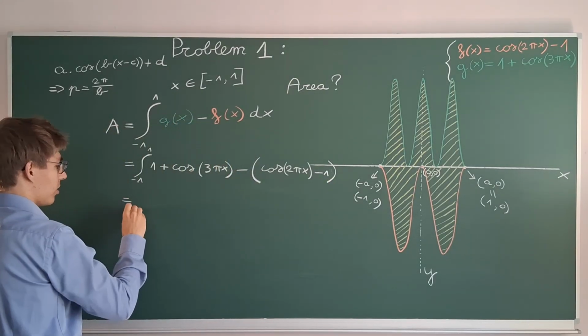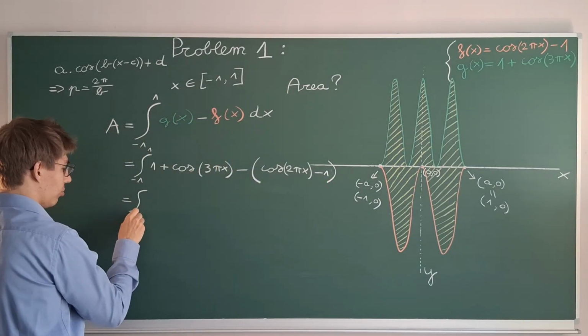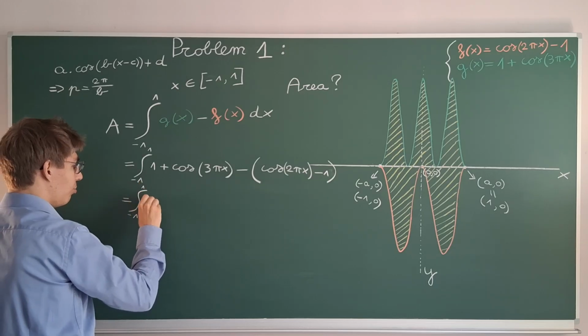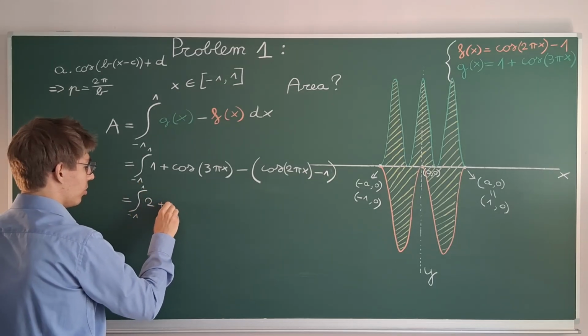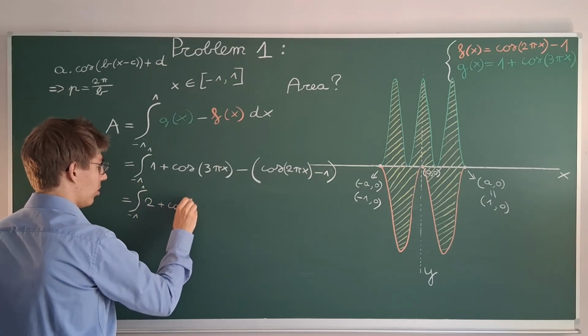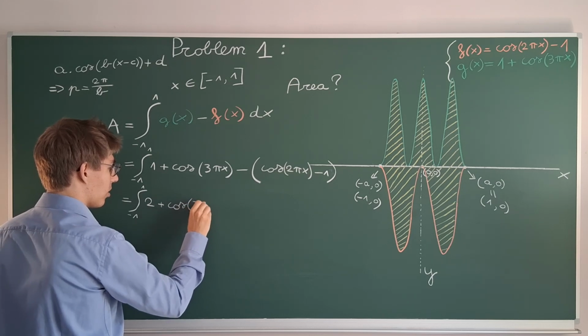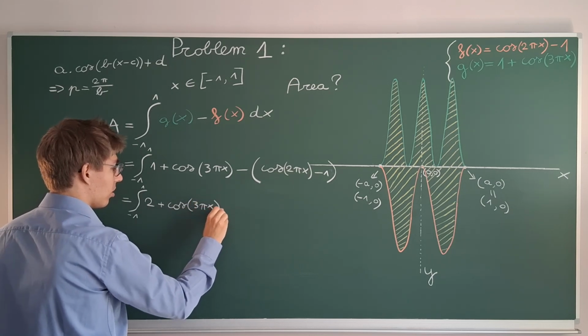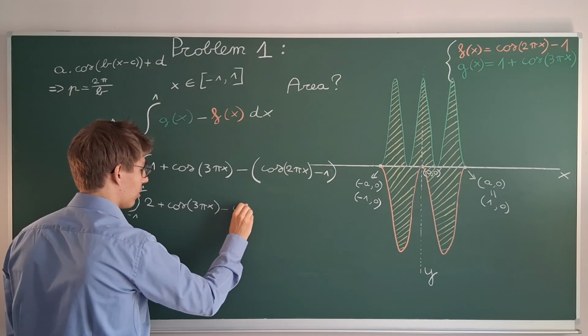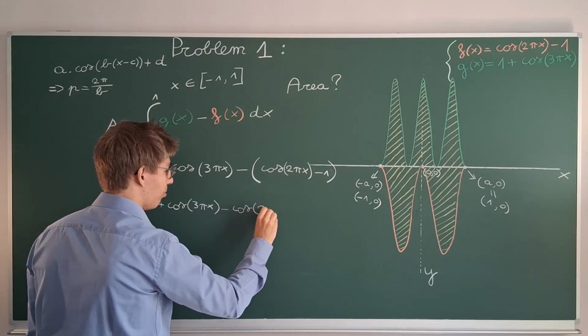So this gives us the integral from minus 1 to 1 of 2 plus the cosine of 3 pi x minus the cosine of 2 pi x.